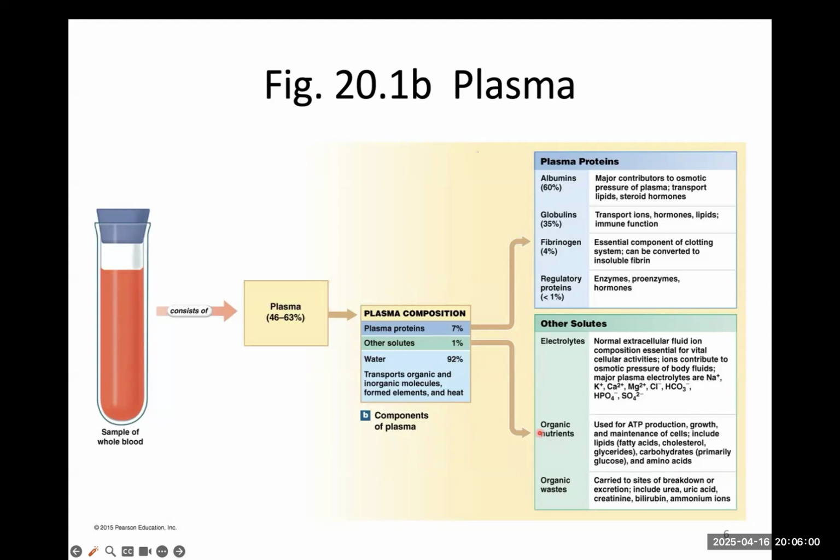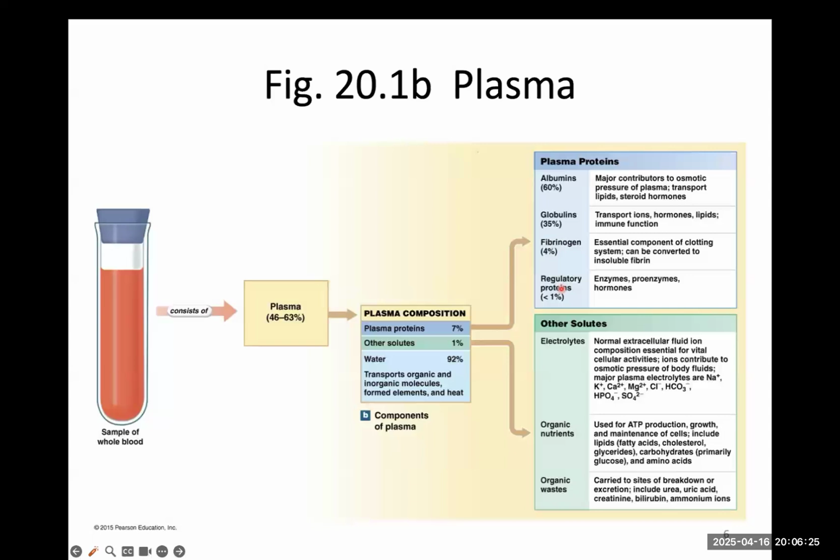So the normal levels are basically: plasma proteins are 7%, other solids 1%, and water is 92%. Of the proteins, you have 60% albumins, 35% globulins, 4% fibrinogens, and then regulatory proteins are 1%.